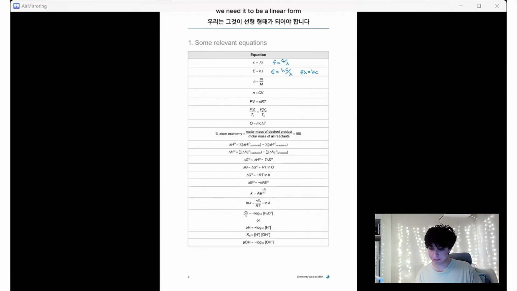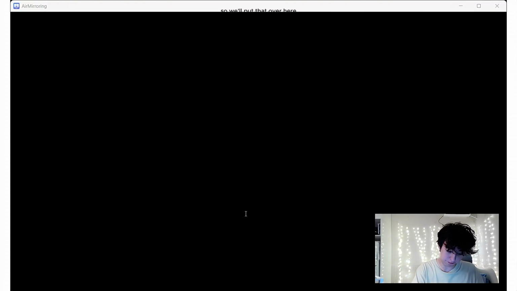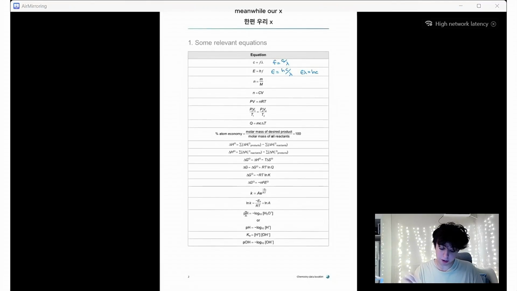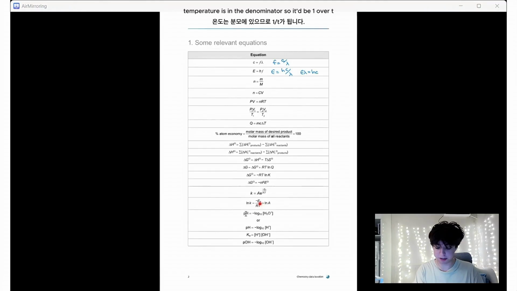We need it to be a linear form, and we are also given the linear form right here. So we need to see what the x and what the y are. y is equal to mx plus c. So our y would be ln k, so we'll put that over here. Meanwhile, our x we know has temperature in it. Temperature is in the denominator, so it would be 1 over T.